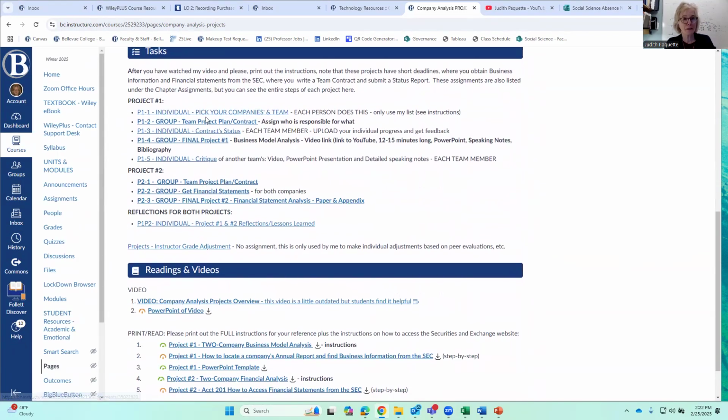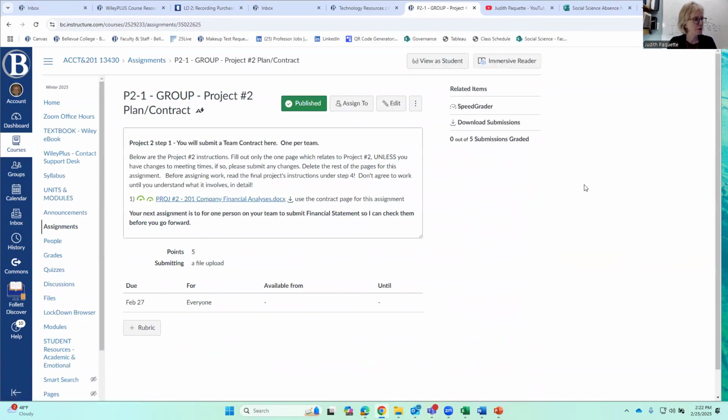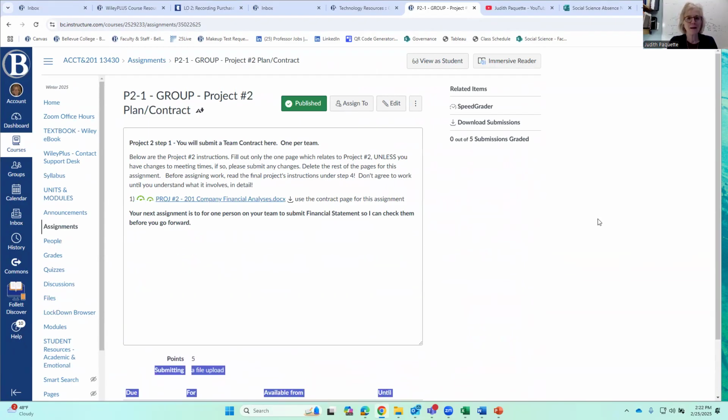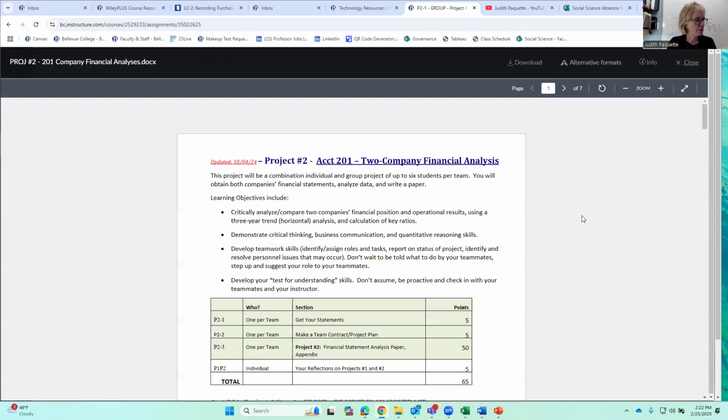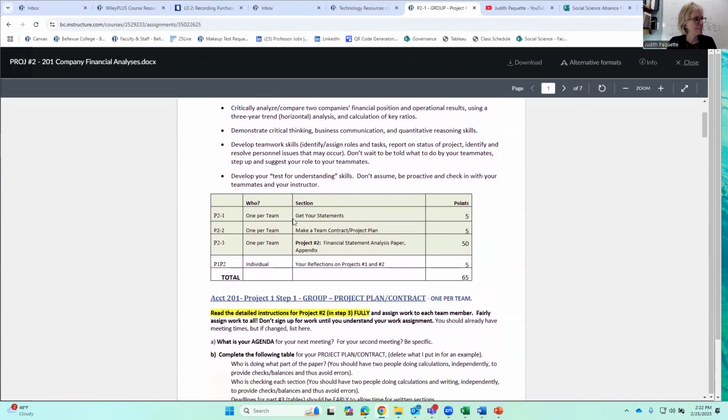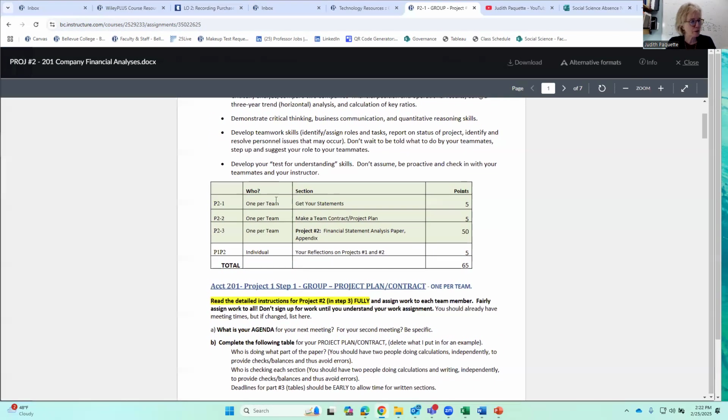So you guys have already done a project plan for project 1. So you're going to go into project 2, and that's where you're going to do the financial analysis. In this project, I would download this, and your contract page will be on here as well. Get your statements by Thursday, and there's a very easy step-by-step on this, and I'll show you that.